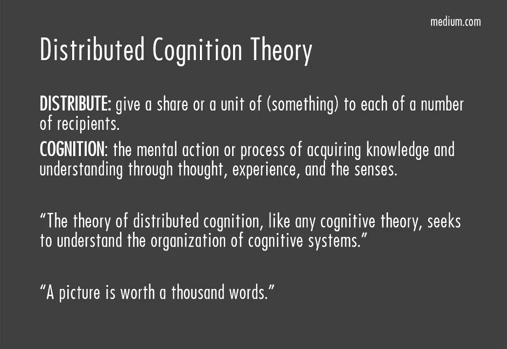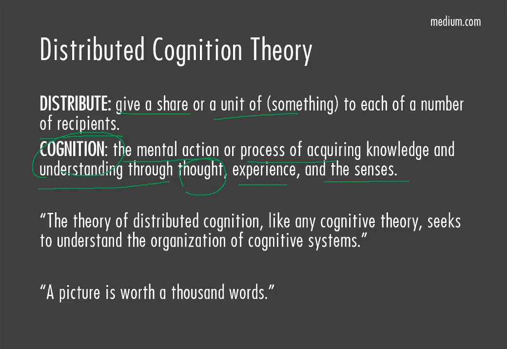Distribute is to give a share or unit of something to each of a number of recipients. Cognition is the complicated one. It is the mental action or process of acquiring knowledge and understanding through thought, experience, and the senses.